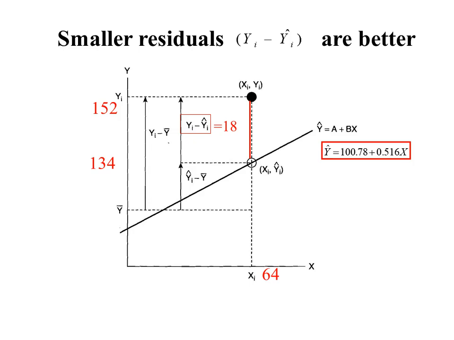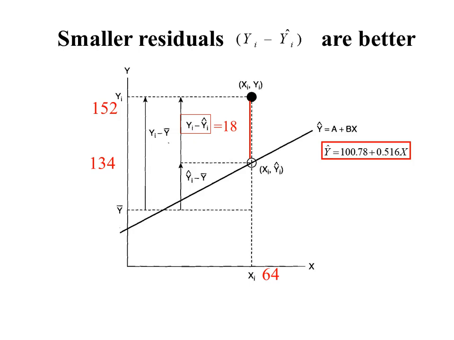In this graph, the black circle indicates an individual whose age is 64, and whose blood pressure is 152. The diagonal straight line is the regression line, which is expressed as y hat equals 100.78 plus 0.516 times x. The regression model predicts the systolic blood pressure of a person aged 64 as 100.78 plus 0.516 times 64, which is about 134.